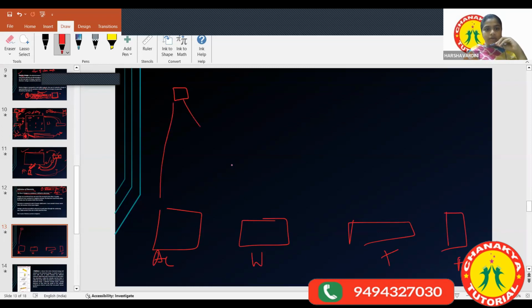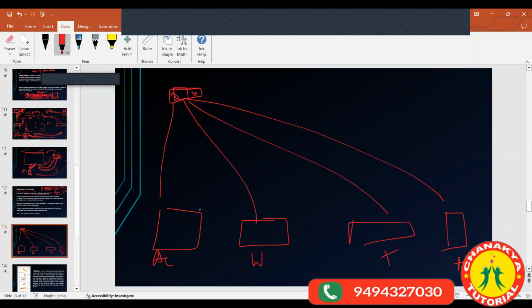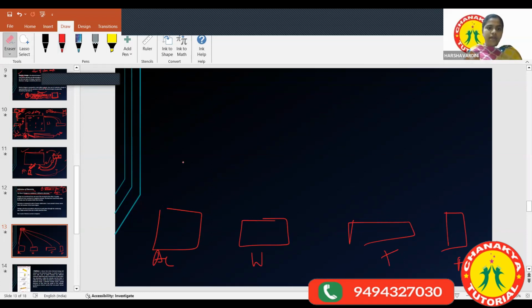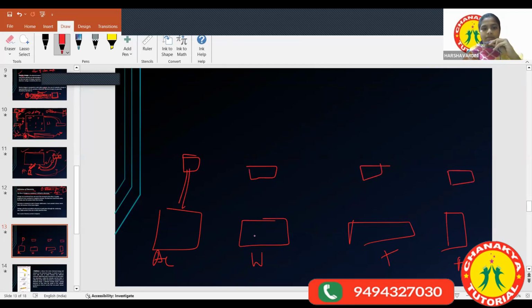All are connected to electric current with the help of the switch box that you have in your home. Don't want to confuse you with that. They all have separate plugs. Don't worry. The plug has nothing to do with this. They all have separate plugs.